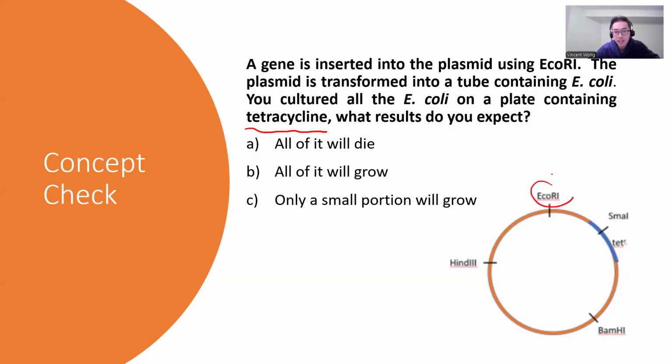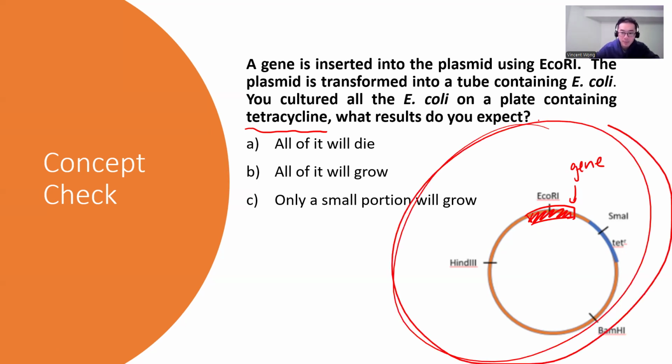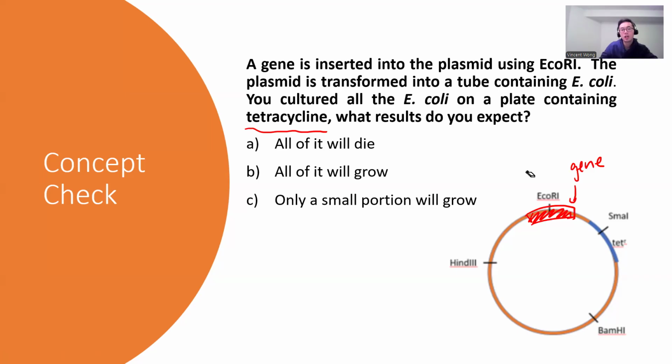So if you cut using EcoRI, that means the gene is going to go right here, right? That's where the gene is going to go. And if the plasmid is accepted by the bacteria, do you expect the bacteria to grow in the presence of tetracycline? All of it will die, all of it will grow, only a small portion will grow. What do you think? Let's launch a poll and see.